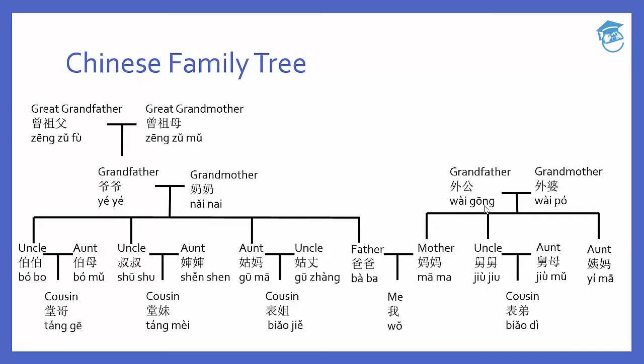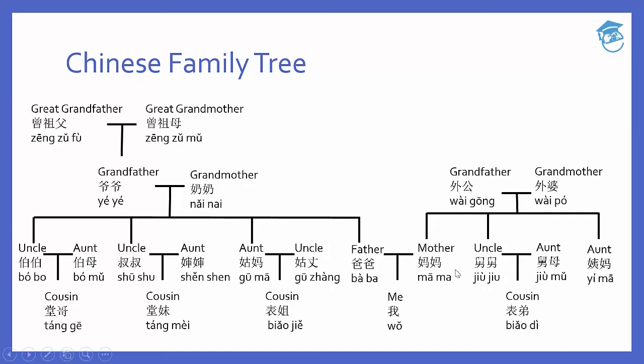I do not share the same family name with my maternal grandfather or grandmother. So that's why we use the word 外. It is not within my family name. So we call 外 like outside.